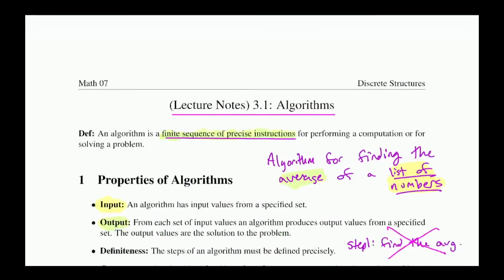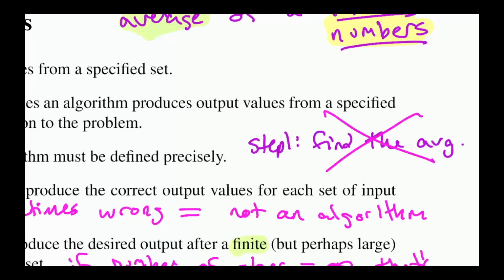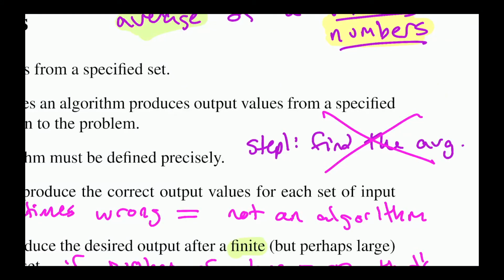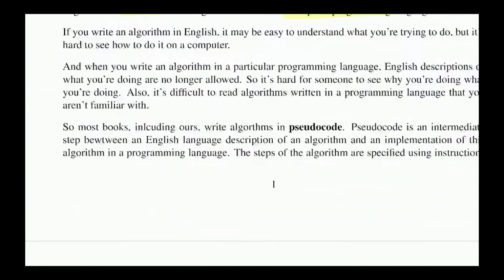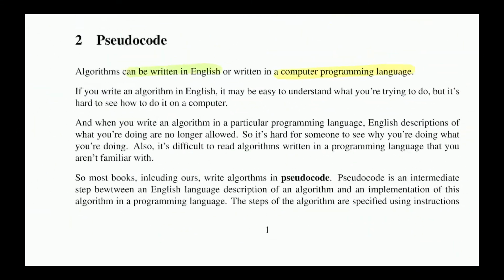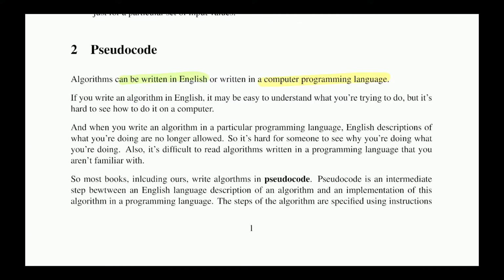Like what I wrote up here, right? If I say step 1, find the average. Well, how do you do that on a computer though? I said find the average in English, but I didn't say how to find the average. That's bad. So if you write it in English, you don't know how to write the code. Now, the next thing you could do is write it in a programming language.